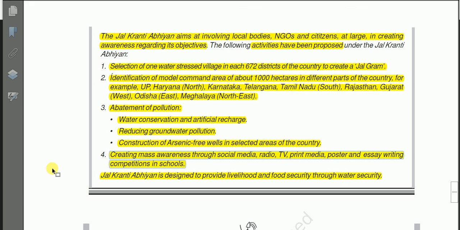Then posters and essay writing competitions in the schools. So awareness must be created through different ways. Okay, so this is about Jal Kranti Abhiyan.